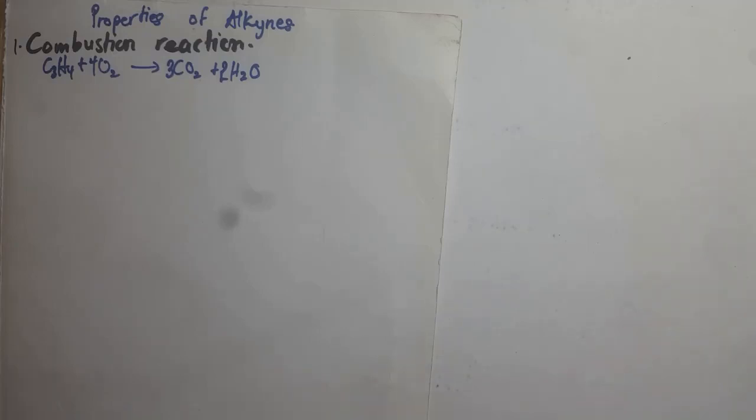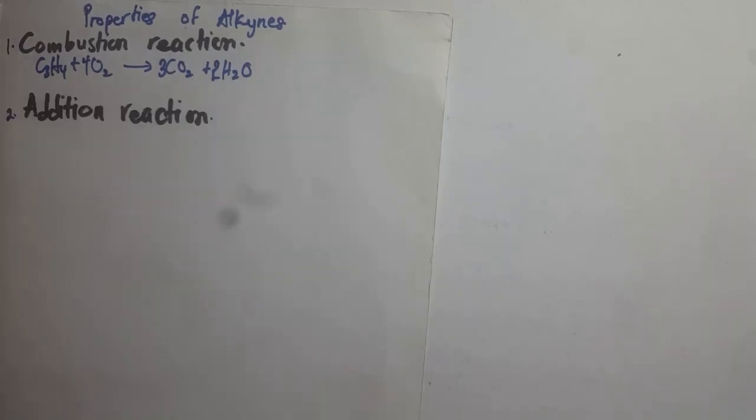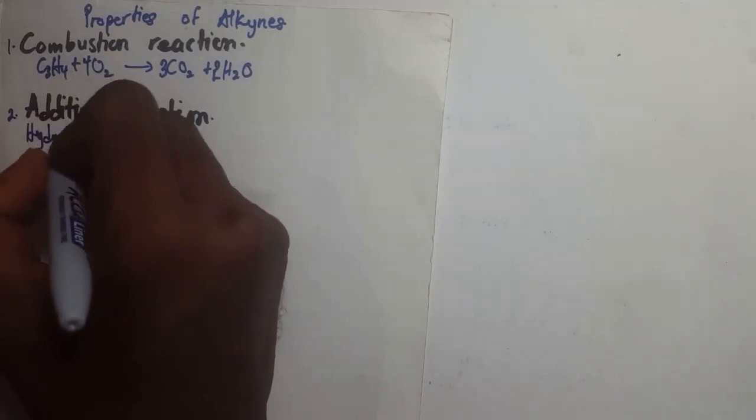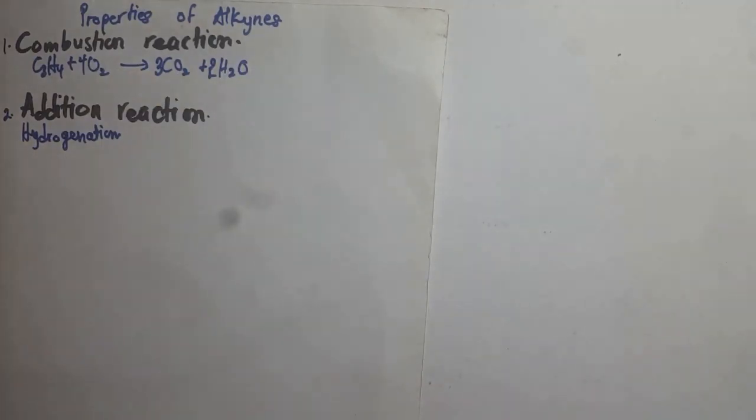The second point, they undergo addition reaction. An example of addition reaction is hydrogenation, so addition of hydrogen. Now, with addition of hydrogen, you know that our alkynes have triple bond. When you add hydrogen, you're going to reduce the number of bonds.